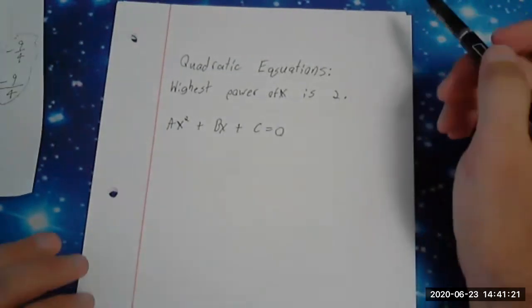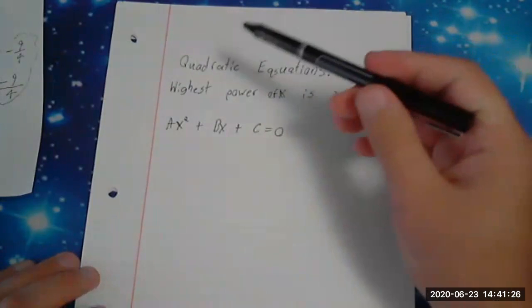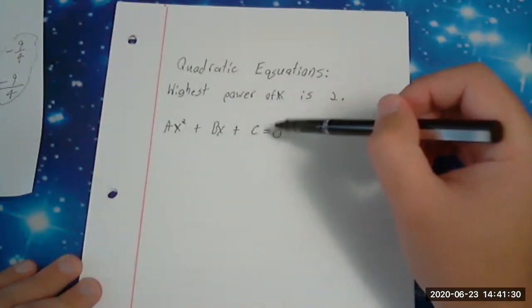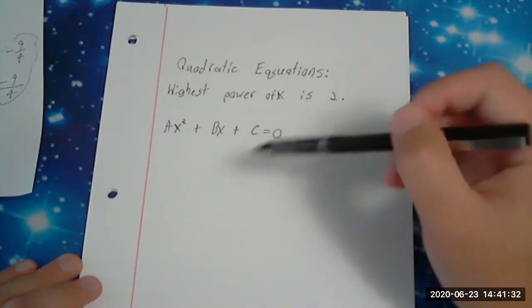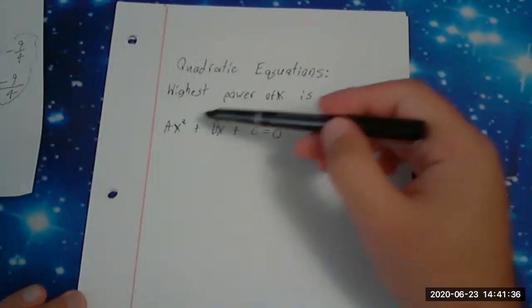All right. So a couple things here. Again, just like with the linear equations, they won't always immediately look like this. But the point is you can combine like terms and make them look like this.